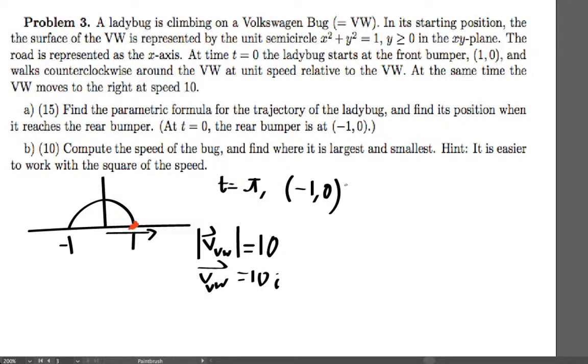Focus, okay. So what's the position vector? We need to have position vectors. This would be VW. That's why it's so hard, because I don't have any position vectors. VW here is the Volkswagen, and the L here is for the ladybug. So we want to express VWL.